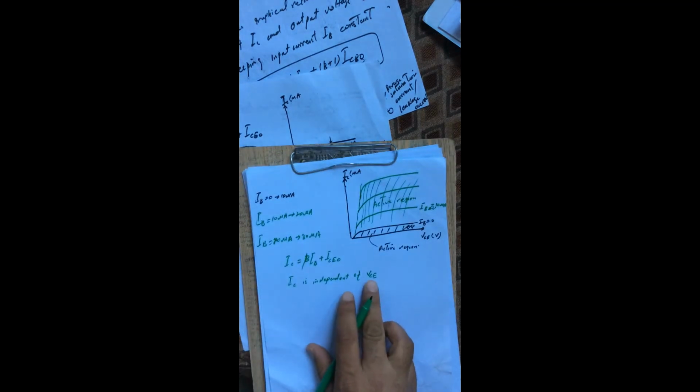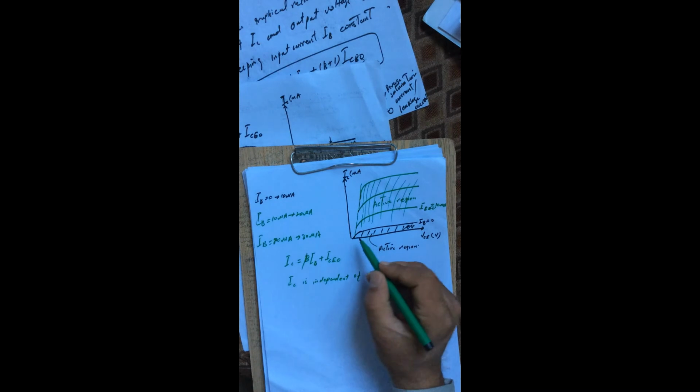Then from this equation we see that IC is independent of VCE, because there is no dependency of IC on VCE.